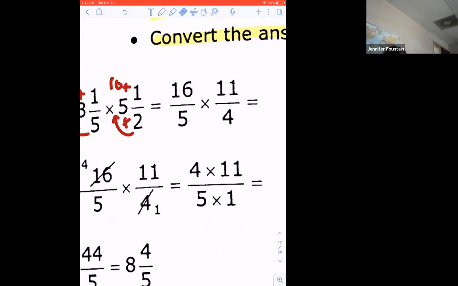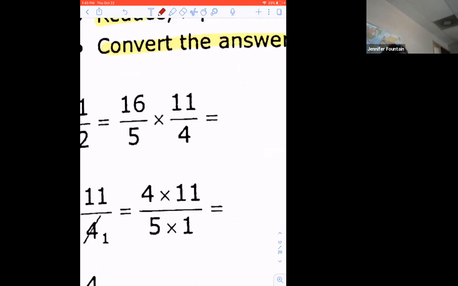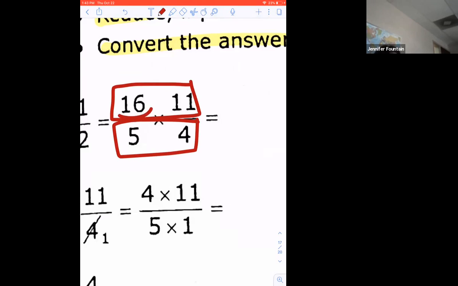All right. So now remember, one of the best things about multiplying and dividing fractions is I do not have to worry about common denominators. But one of the things that we did talk about is I can simplify or I can reduce before I multiply. I can look to see, is there anything in my numerator that can cancel with anything in my denominator? So I can start with my 16 and say, can I cancel 16 with 5 or 4? And which can those be canceled with? 4.